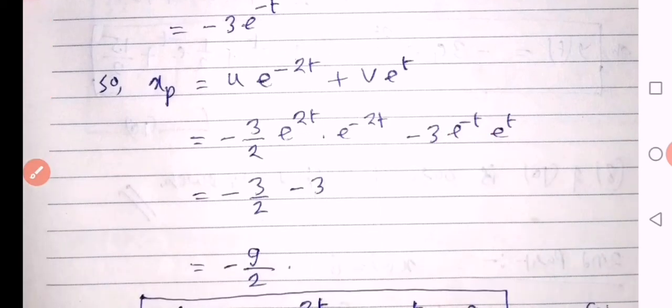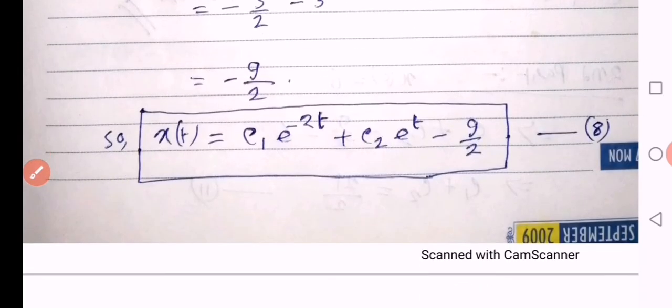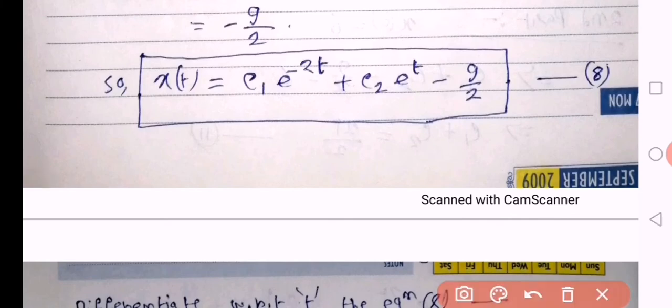So our particular solution xp can be written as u into e to the power minus 2t plus v into e to the power t. After substituting the values of u and v here, we will get finally xp equal to minus 9 by 2. So the final solution x(t) can be written as xc plus xp, which is given by this.